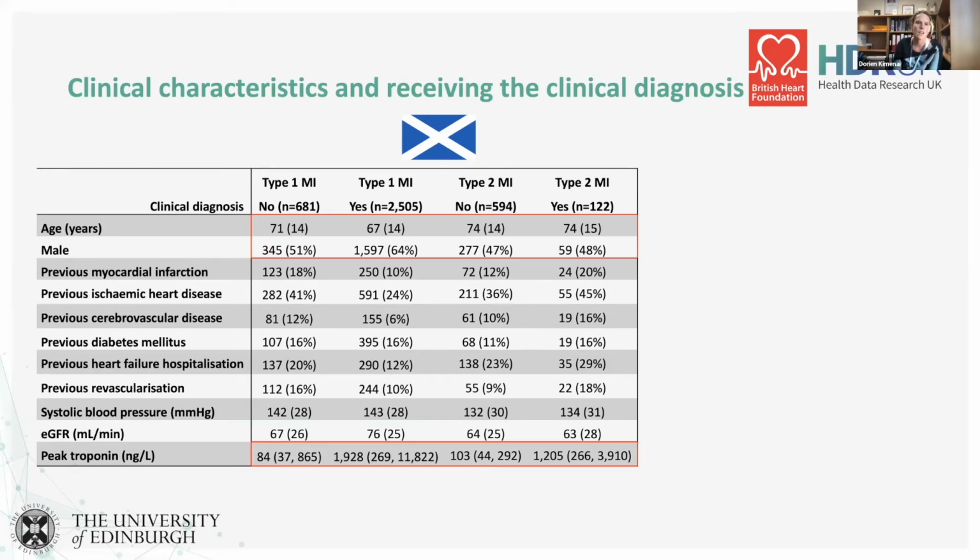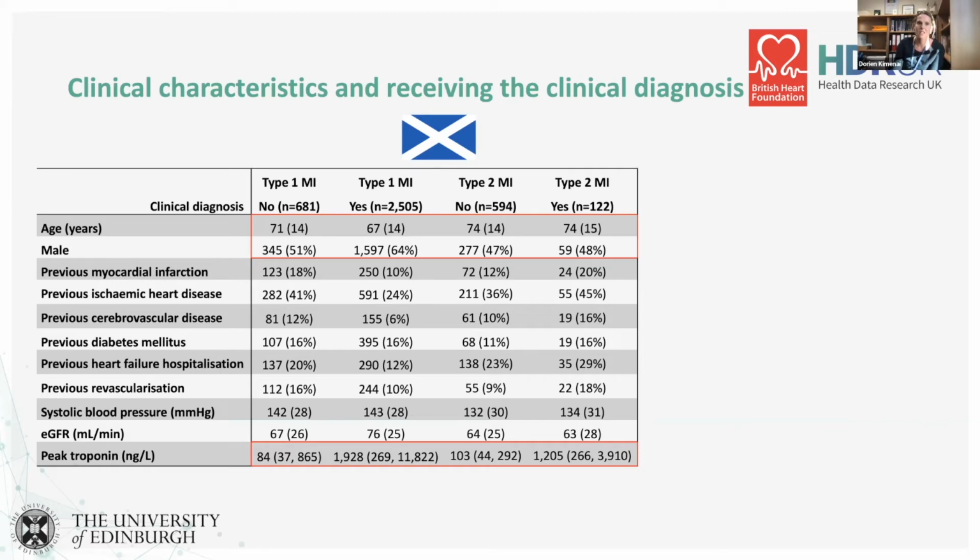And they are also more likely to be male. For type 2 MI, there is no difference in age and also no difference in sex between those who did and did not receive the clinical diagnosis.